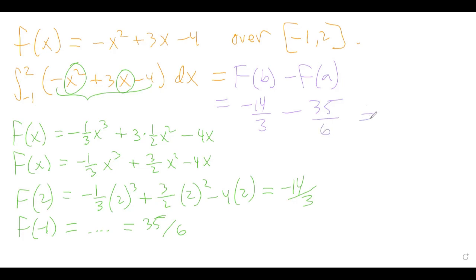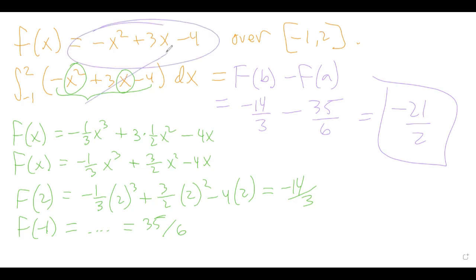You type all that in, and you should get in return negative 21/2 square units. The answer is negative because maybe the picture is under the x-axis from there to there or something like that. But the point is, for all these problems, find the antiderivative of that and call it big F. And then go big F of B, big F of A, and subtract them in that order. And that will be your final answer.